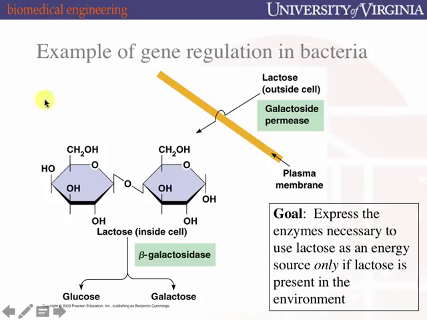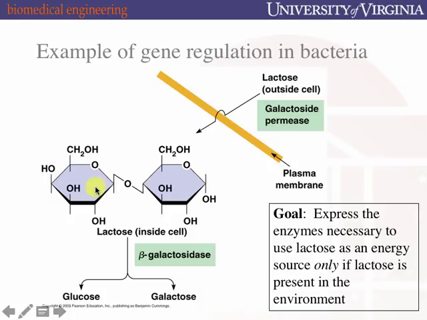And so what occurs in bacteria is that lactose, chemical structure shown here, large-ish, hydrophilic, is not going to go through a membrane just by passive diffusion. It needs a dedicated transporter to move it across the membrane, and this is achieved by a transporter called galactoside permease. This is a transporter that will move hydrophilic solutes across the hydrophobic membrane.